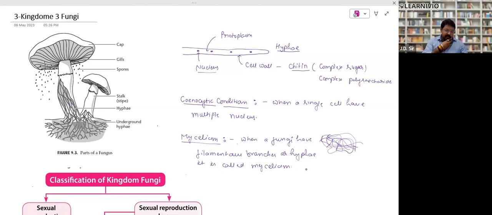Is that clear? Coenocytic condition clear? Yes, sir.